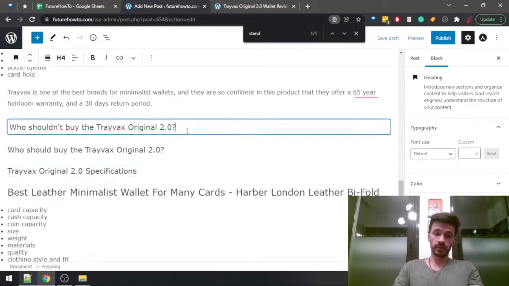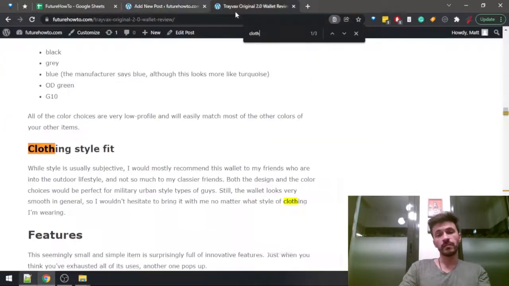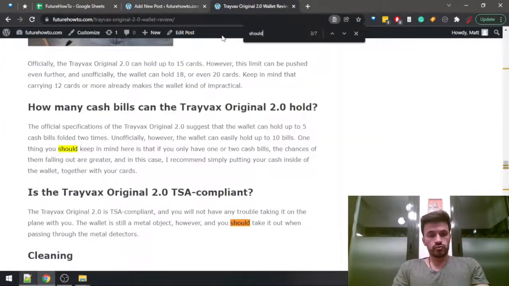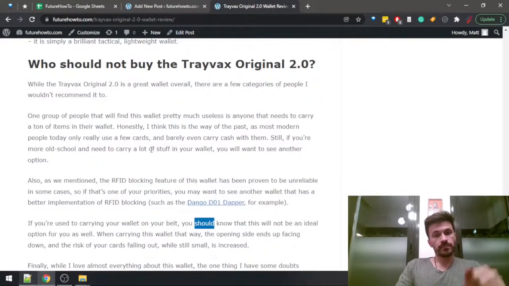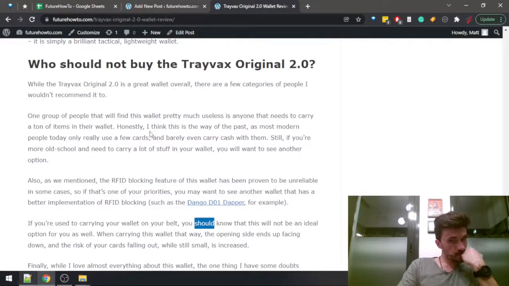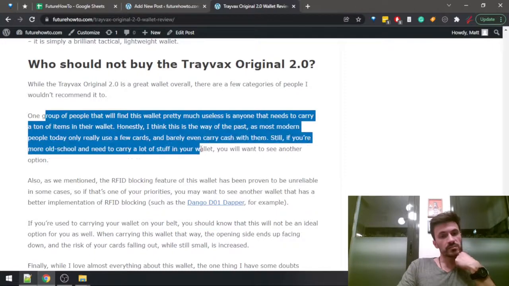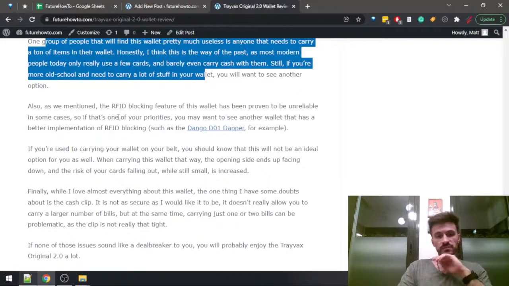There we go. Who shouldn't buy? Okay. A ton of items. Maybe we can skip this because it's not exactly what we're covering here.